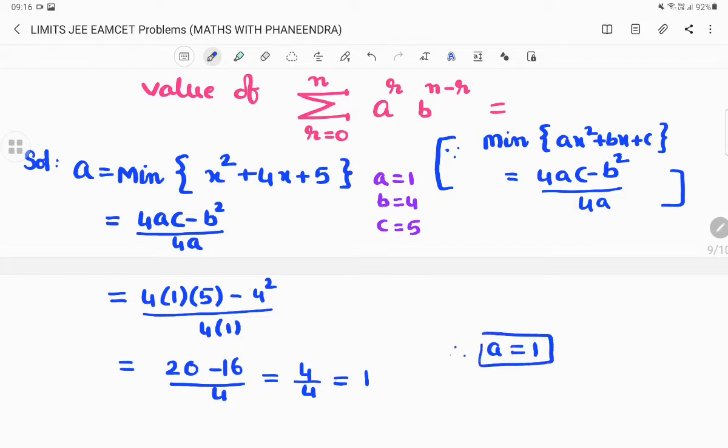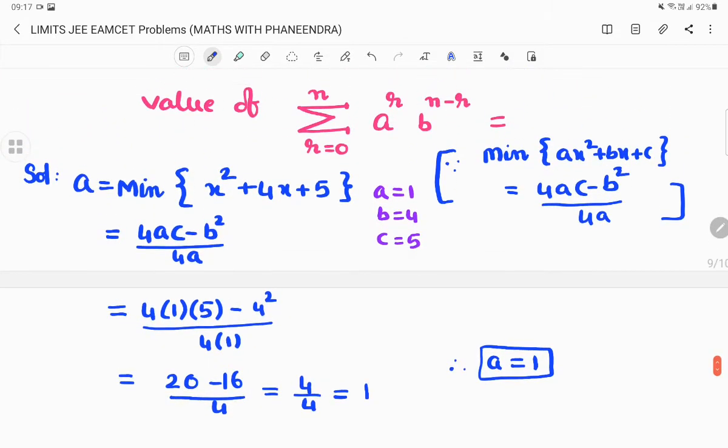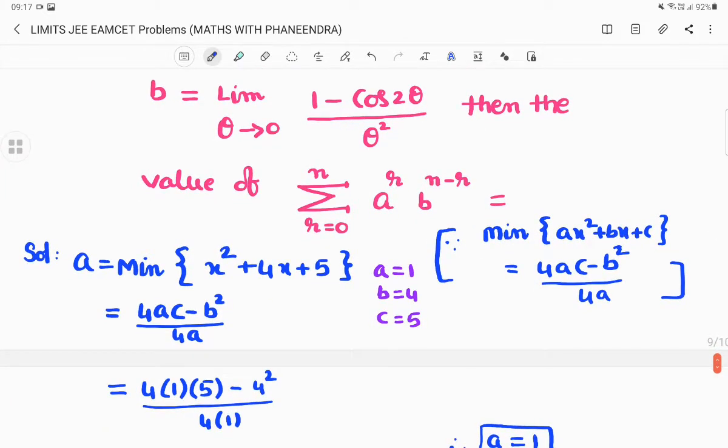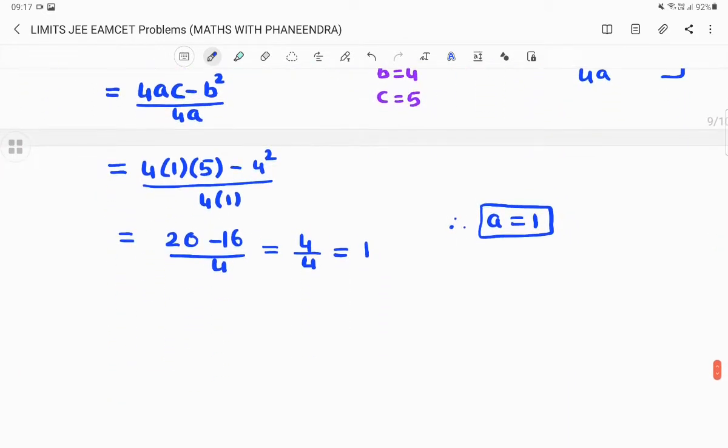We got a value 1. Next, second, b value they are asking. b is equal to limit theta tends to 0, 1 minus cos 2 theta by theta square.